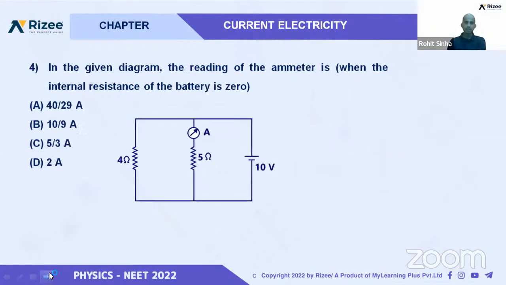Okay, now let us see this question. Try this. I give you 30 seconds. Try this question. Unless you try your question, your concept will not build. So you should try first.